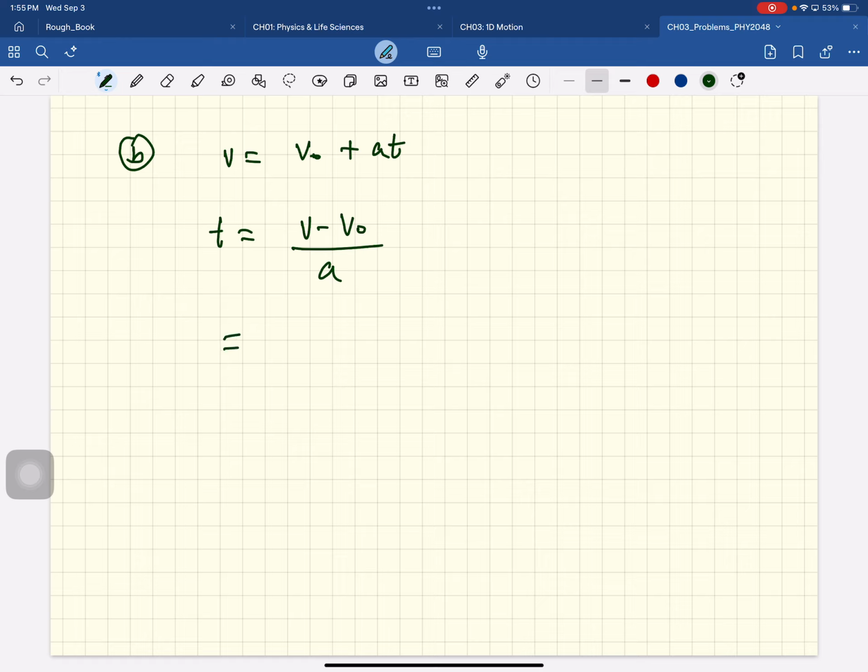So for this case, the stopping time for the skull was 0 minus 0.6 meters per second divided by 90 meters per second squared.